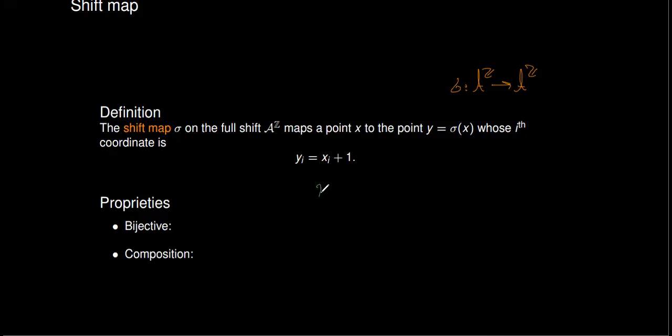Let's say you have a two-sided infinite sequence, and you act on it with this map sigma, so y is equal to sigma of x.